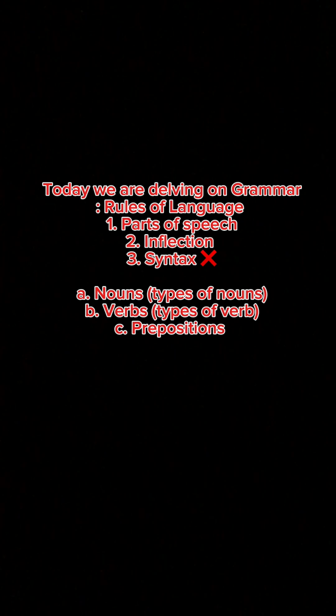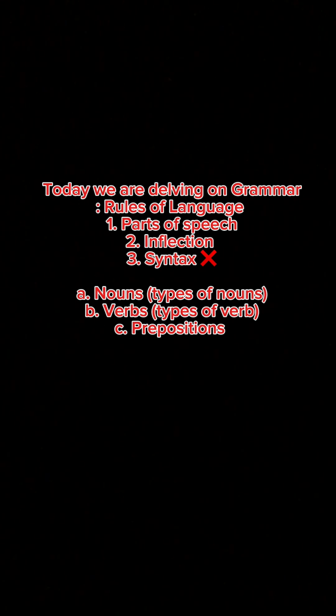And then we are going to irregular verbs. What are irregular verbs? These are the verbs that do not follow the normal tense pattern. We are having irregular and we are having regular.